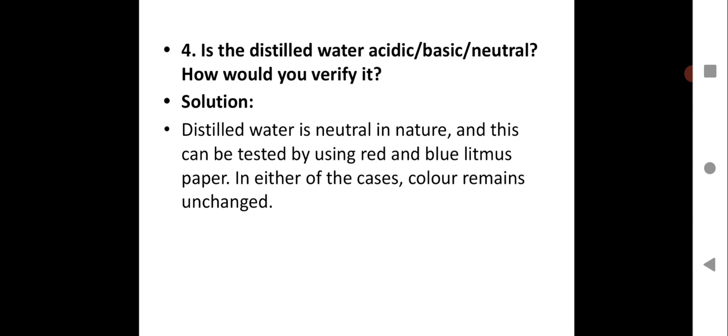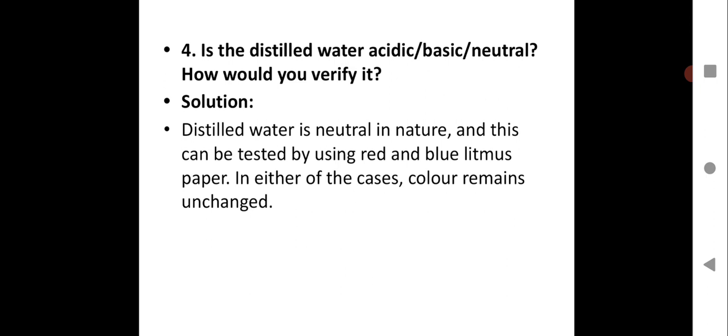Then we'll go for question number 4. Is distilled water acidic, basic or neutral? How would you verify it? Distilled water is neutral in nature, definitely. We have seen the color change in acids with different indicators, with litmus we have seen.